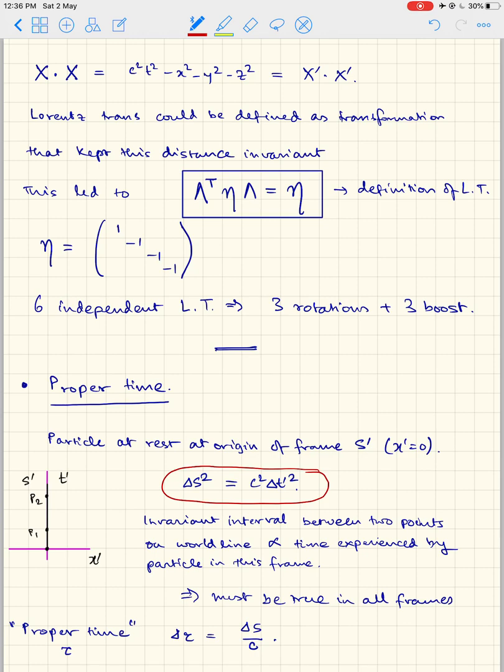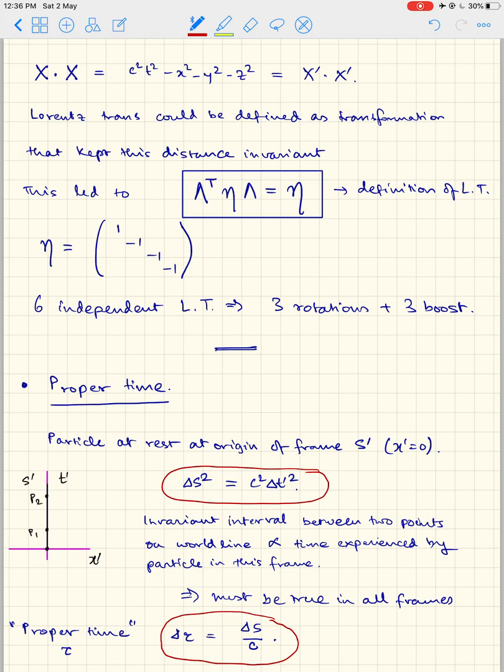And hence now we changed to del tau, this was just notation, you could have just written dt prime squared as well. So the proper time tau was given by delta s by c. So this, remember, is the time experienced by the particle in its own rest frame.